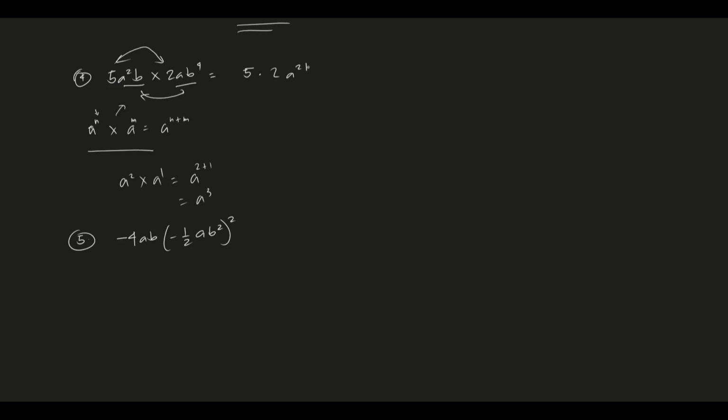Then for b, we have b raised to the 1 plus the exponent of the other term, which is 4. So let's simplify. 5 times 2 is 10. Then a raised to the 2 plus 1 is 3. Times b raised to the 1 plus 4 is b raised to the 5. So this is your final answer.